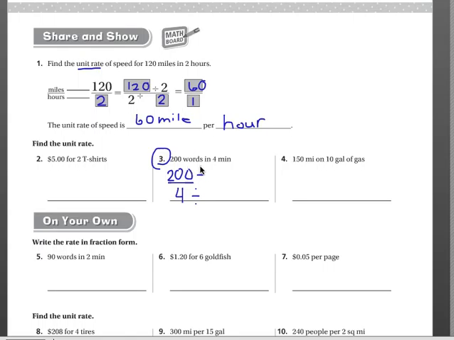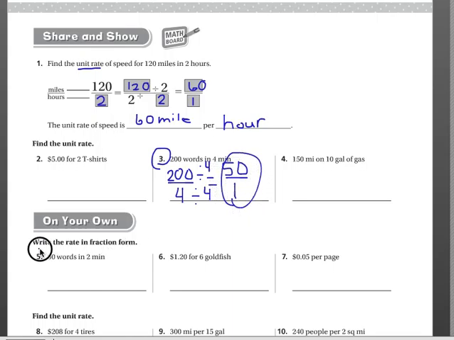What can I divide 4 by to get 1? Well, 4 divided by 4 equals 1. So what you do to the bottom, you have to do to the top. So 4 divided by 4 is 1, and 200 divided by 4 is going to be 50. That means I would do 50 words in 1 minute, and that would be my unit rate.